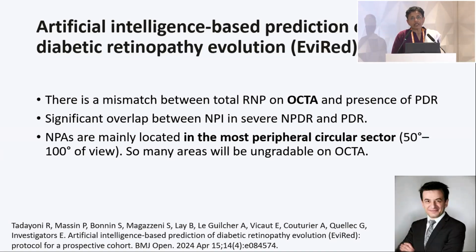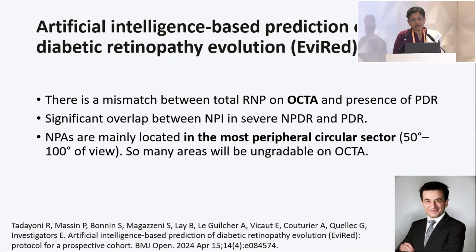He found significant overlap between severe NPDR eyes and PDR eyes. The reason for this disparity, he suggested, was probably because there is more peripheral non-perfusion that is not measured in OCT-A. So it's actually a device problem rather than our understanding of the knowledge.